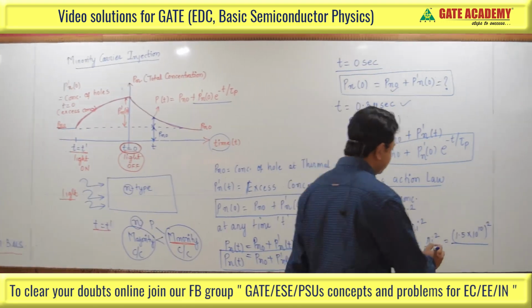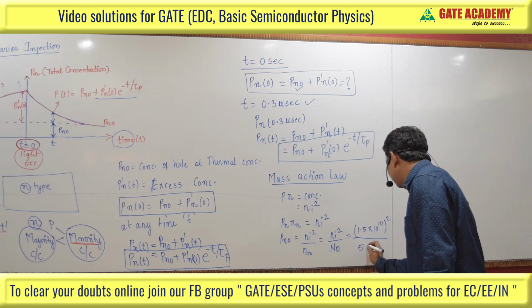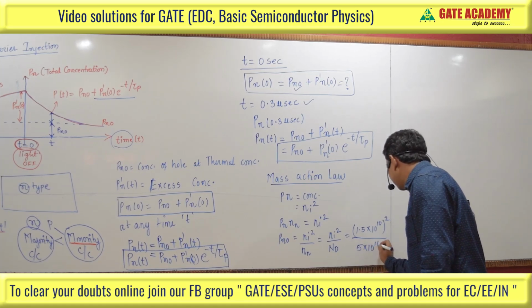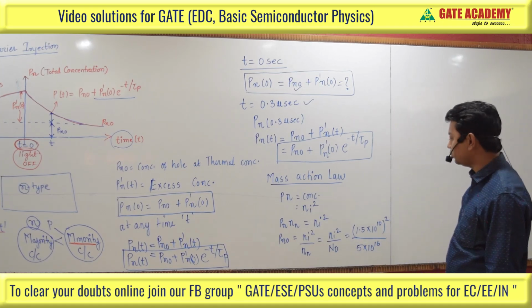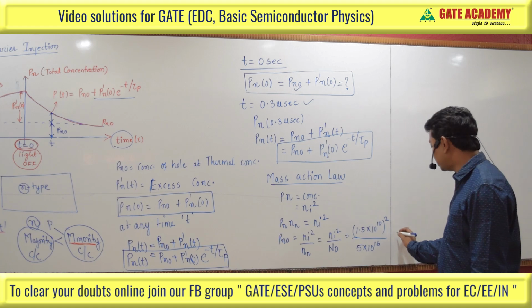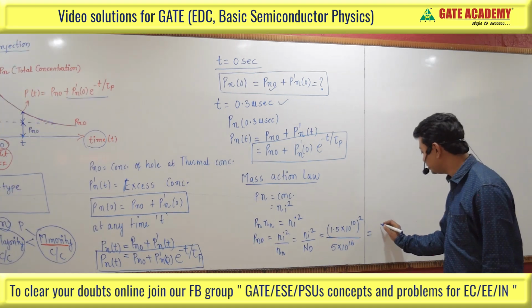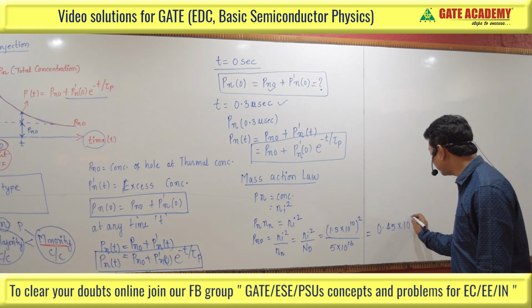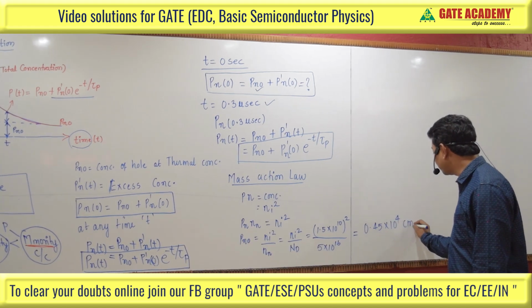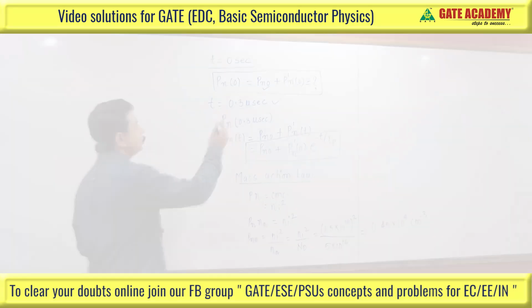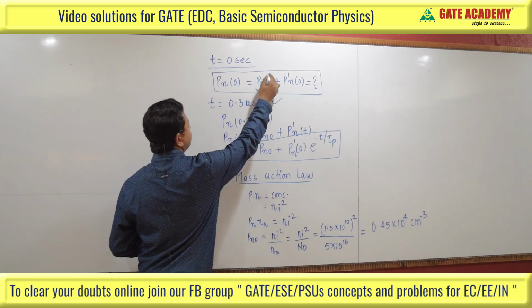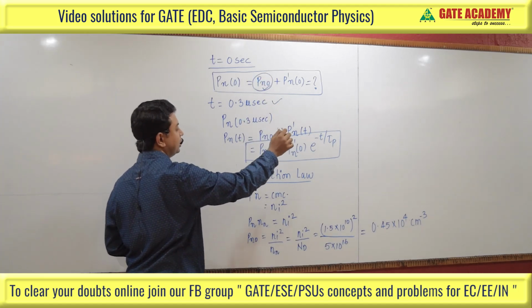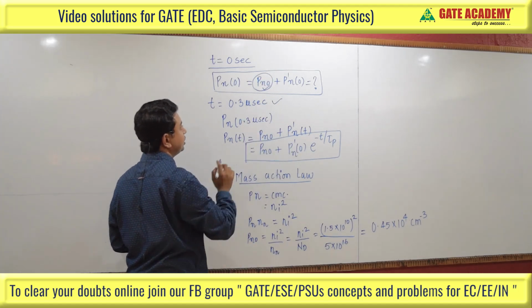After doing the calculation, the answer is 0.45 into 10 to the power 4 per centimeter cube. So on this equation, we got this value.